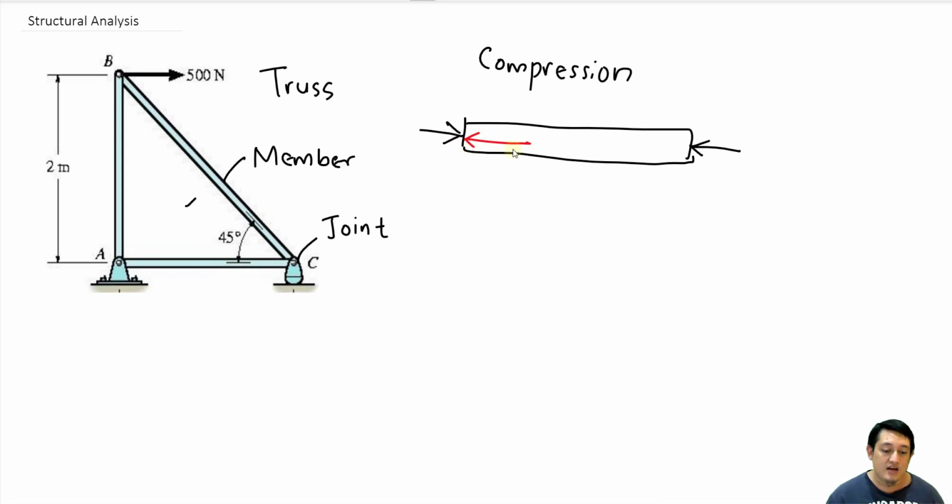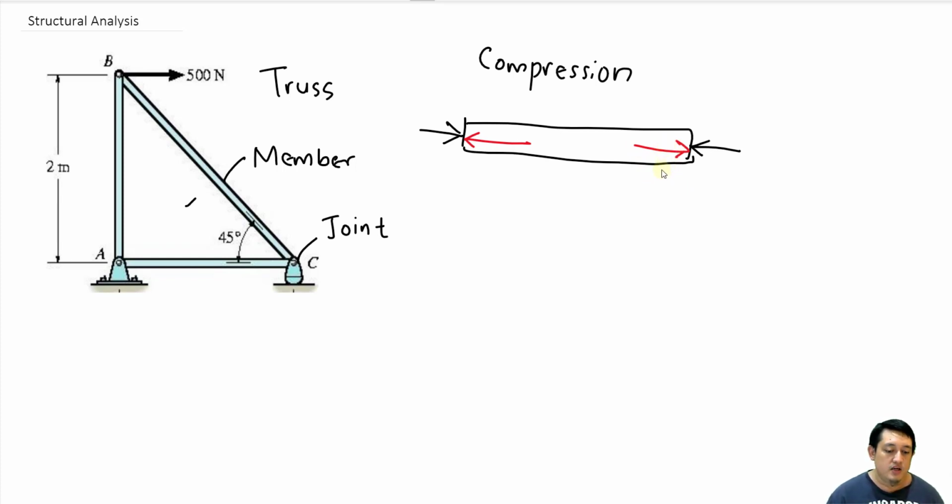And this point here is the same: the member will create a reaction force like this, in the opposite direction but with the same magnitude.